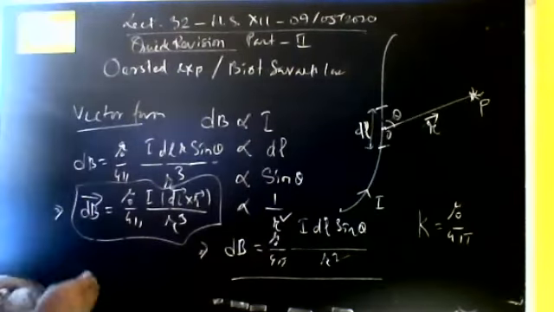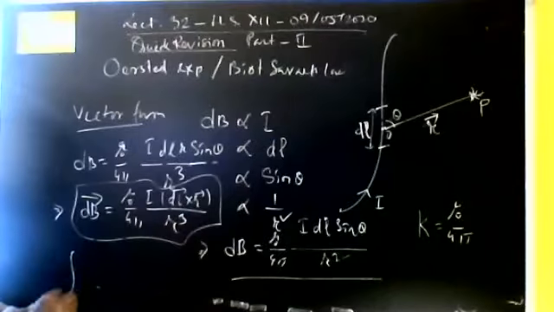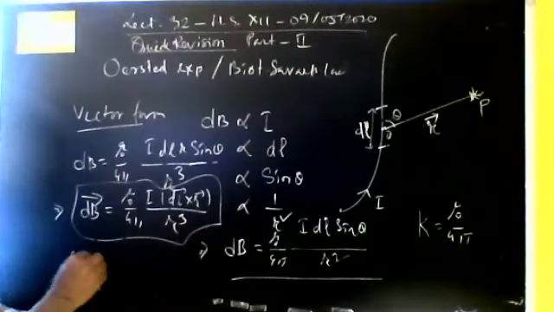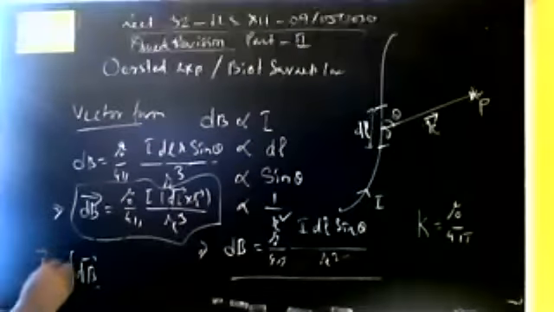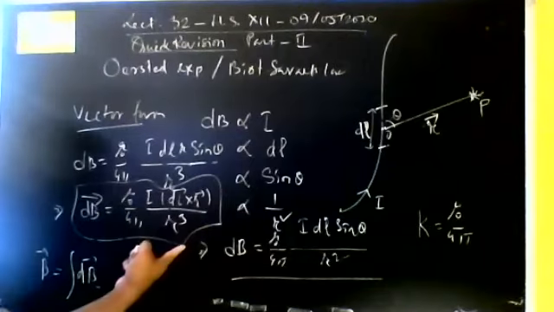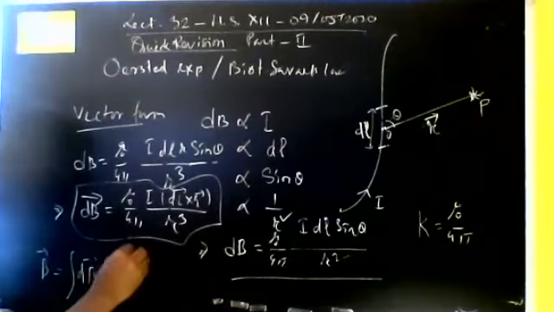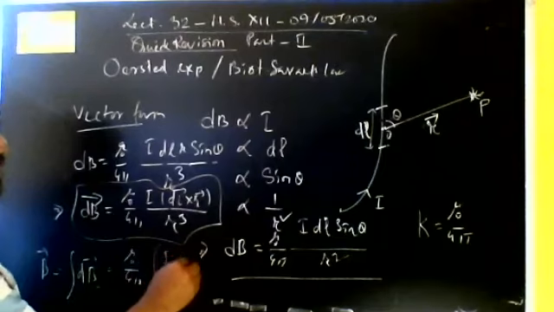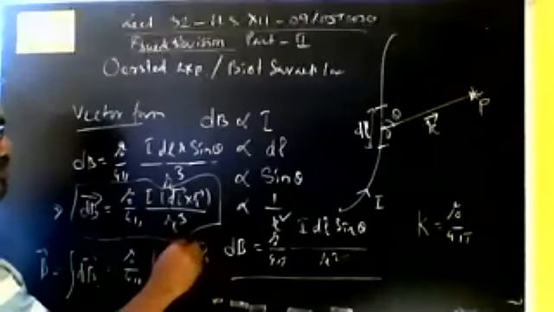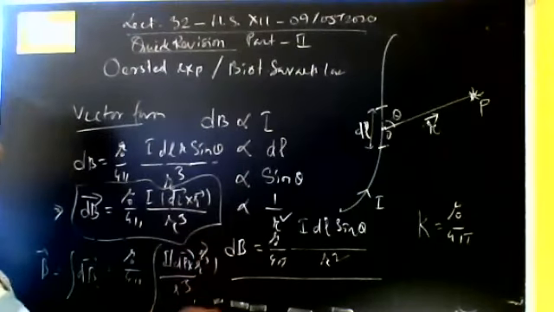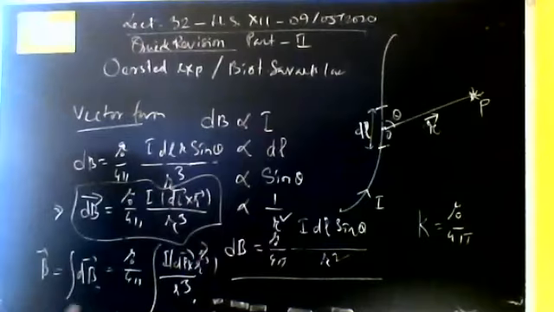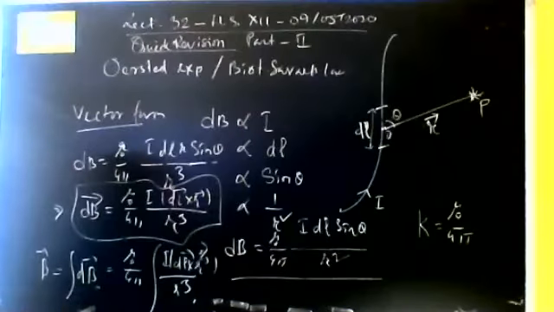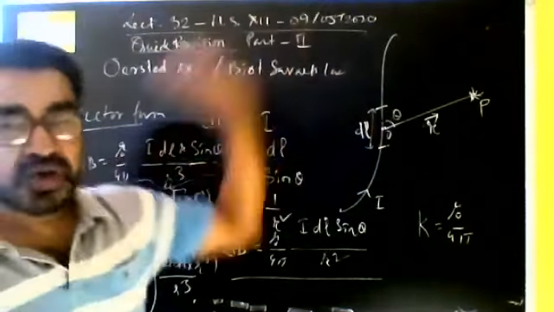So if you integrate dB, you get the B vector. If you integrate the left hand side, you have to integrate the right hand side also. So B equals mu naught by 4 pi I dl cross r vector by r cube. This is the net magnetic field produced at P due to the whole conductor.